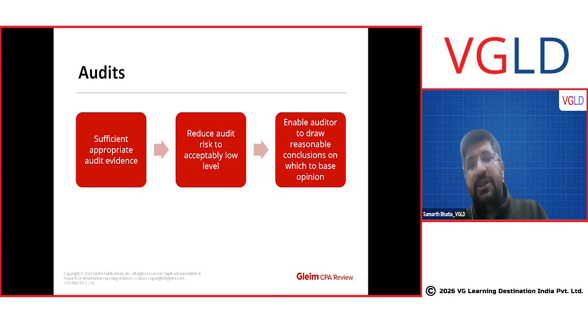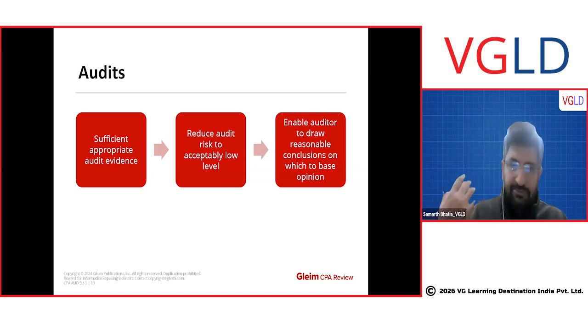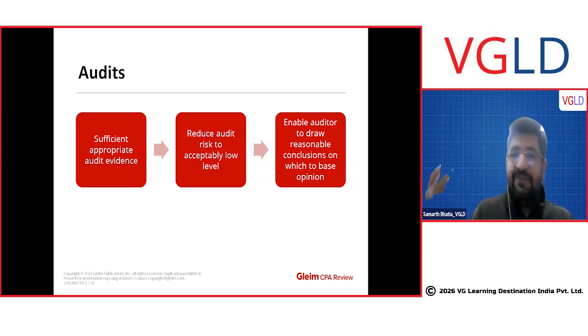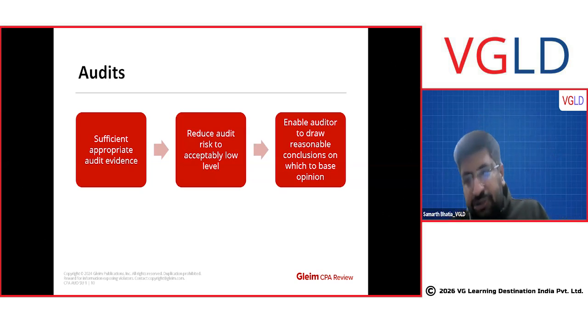and thereby enable the auditor to draw a reasonable conclusion. Sometimes the auditor is not able to collect proper evidence, and if they don't collect appropriate evidence, they cannot reach any conclusion on which they can base their opinion. To base their opinion, they have to draw the proper conclusion, so they should obtain the evidence, and ultimately it will enable the auditor to draw a reasonable conclusion on which to base an opinion.